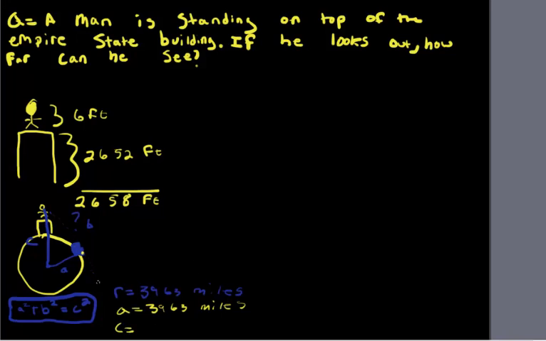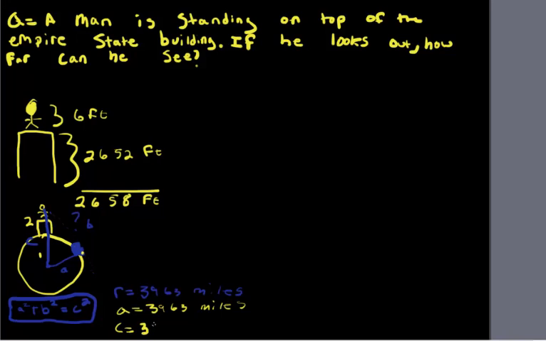Okay, so how are we going to do that? Well, we have to add this part, I'm going to label it part 1, and then we have to add this part, part 2. So 1 plus 2 is going to equal side C. But what we just did, we know that from the absolute core of the Earth to the ground is going to be 3,963 miles. So we can just label that in.